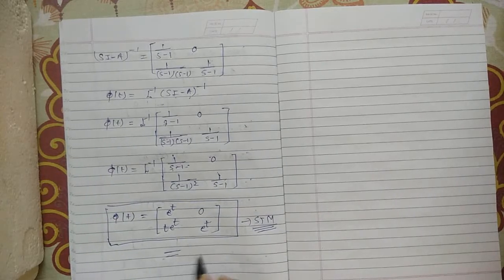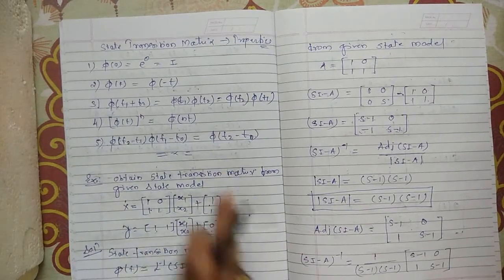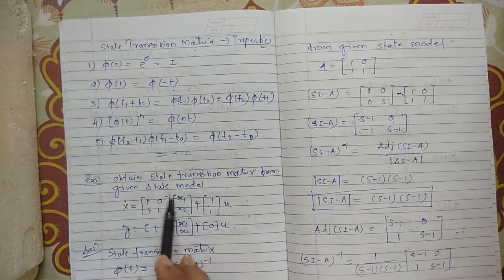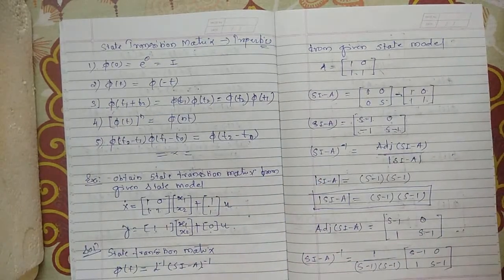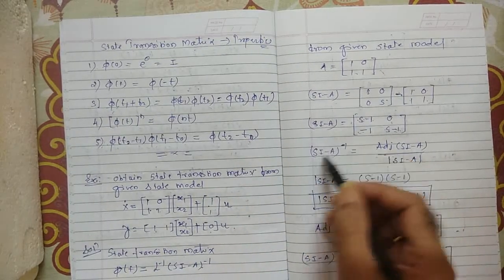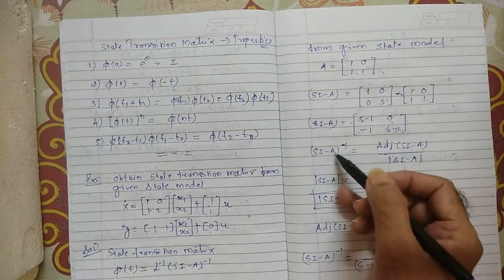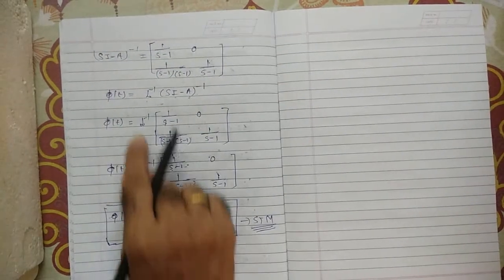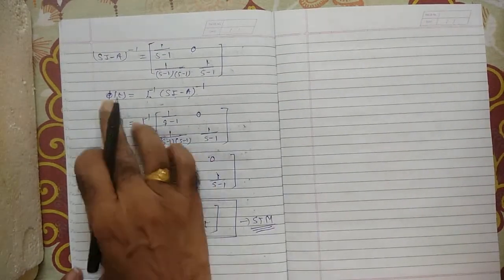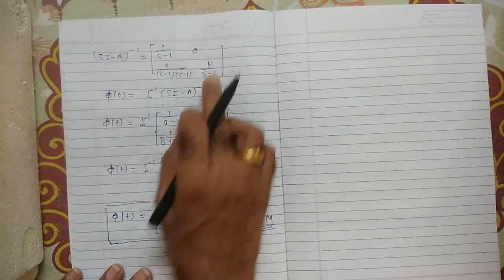So this way we can calculate the state transition matrix if the state model is given. From the state model we take A, and from A we first find sI minus A. From sI minus A we find (sI minus A) inverse, and then phi of t is equal to the inverse Laplace of (sI minus A) whole inverse.